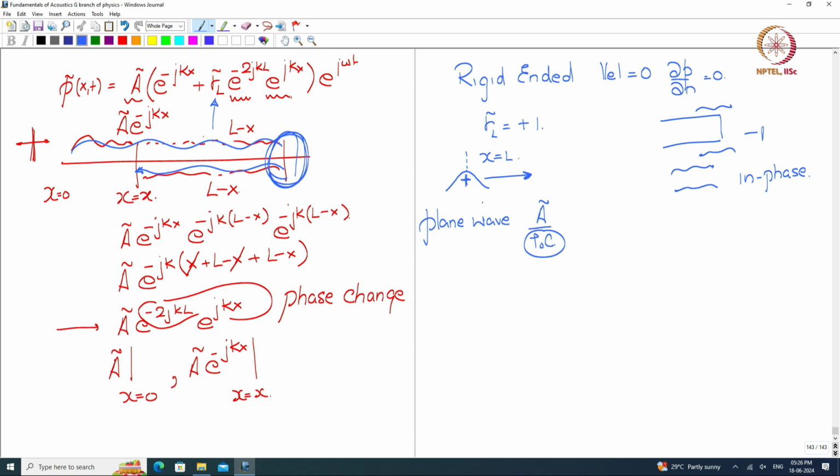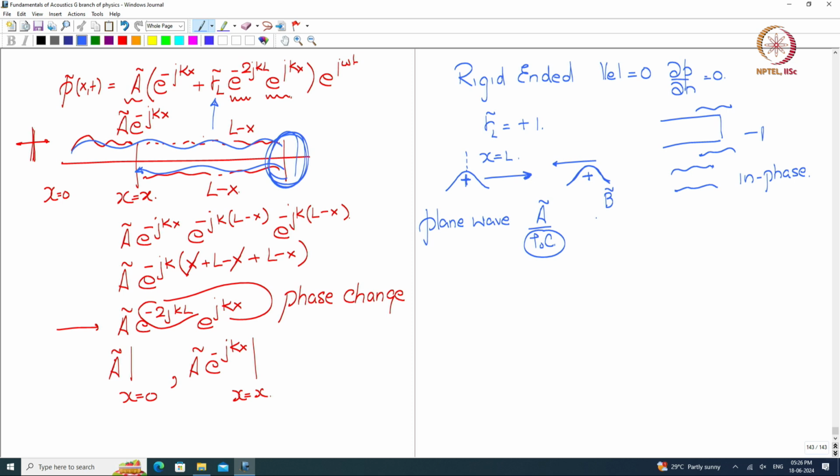Now suppose this gets reflected. Suppose this is reflected, okay, as a positive pressure traveling this way, and that let's say is B tilde.